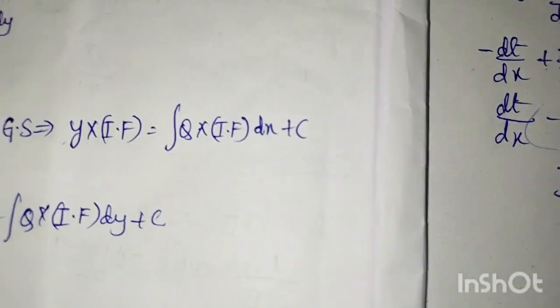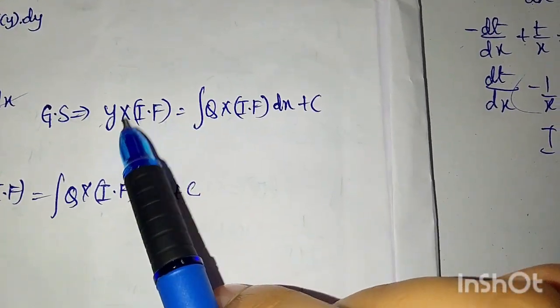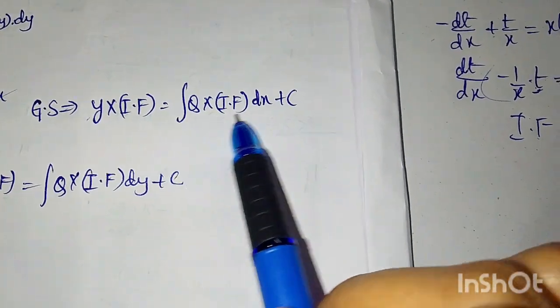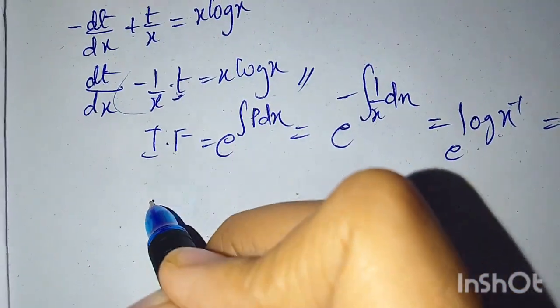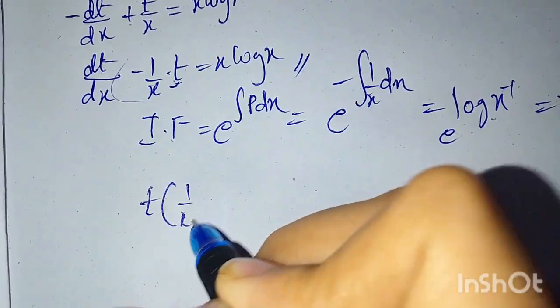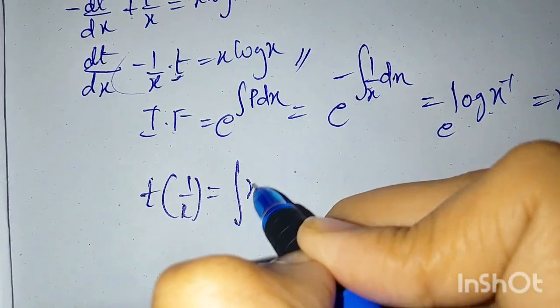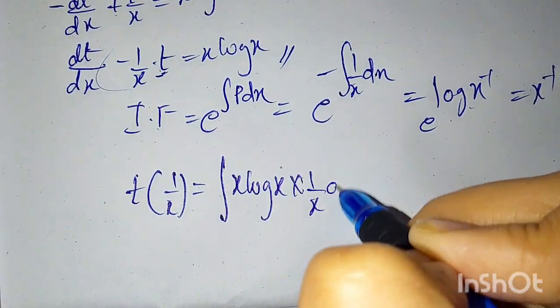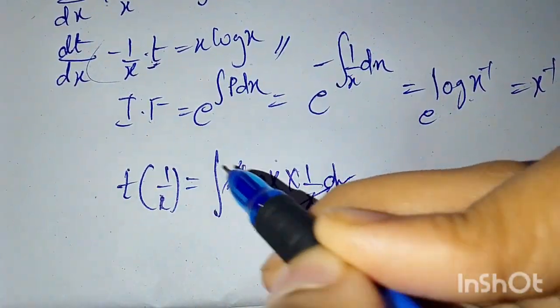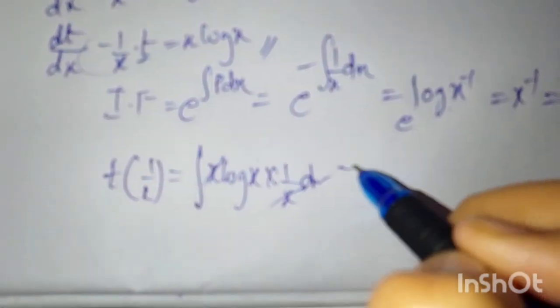So what is the general solution? y into integrating factor is equal to integral of q into integrating factor, right? So here t into integrating factor is equal to integral of q into integrating factor. Okay, so integration of log x is x log x minus x.